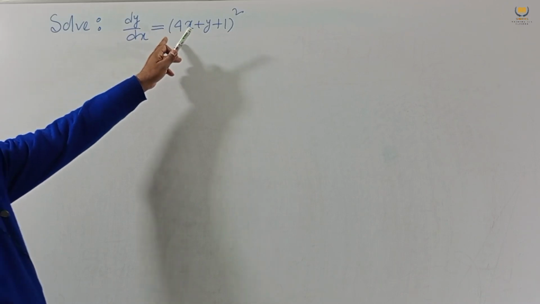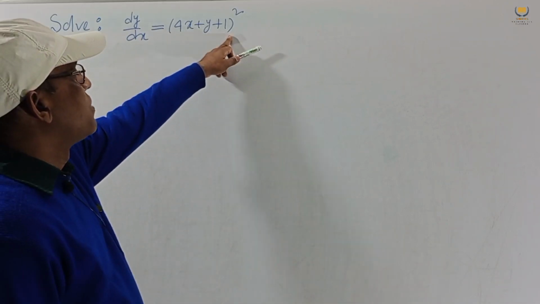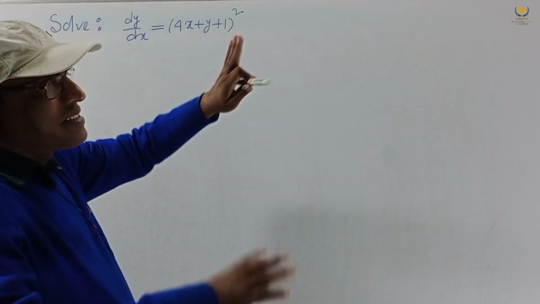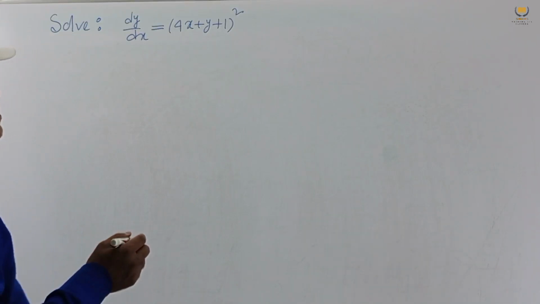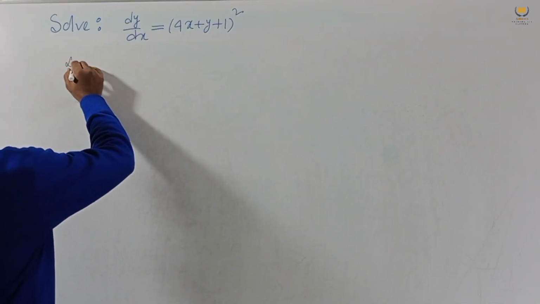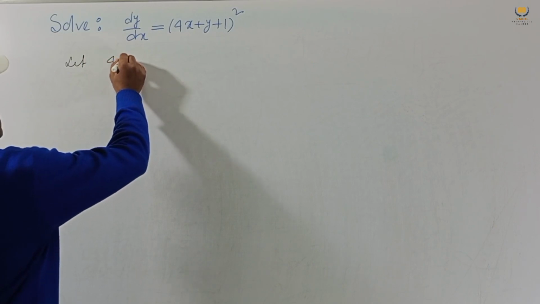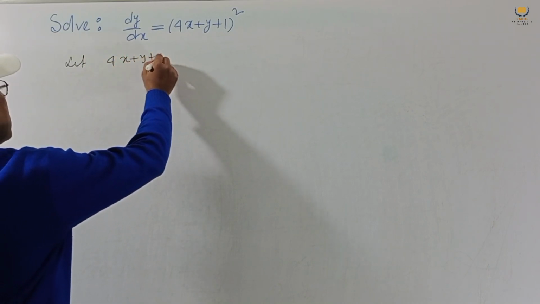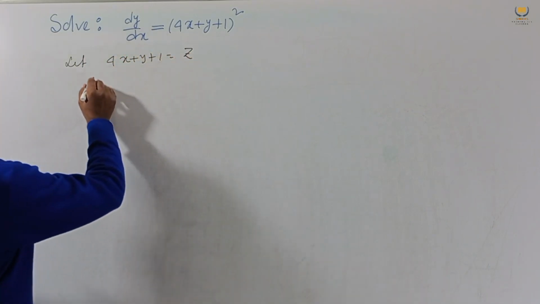dy/dx equal to (4x plus y plus 1) whole square. If these are mixed up, then we consider another variable. So let 4x plus y plus 1 equal to z.